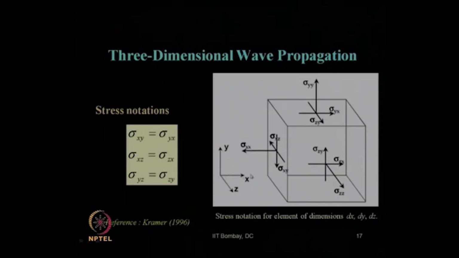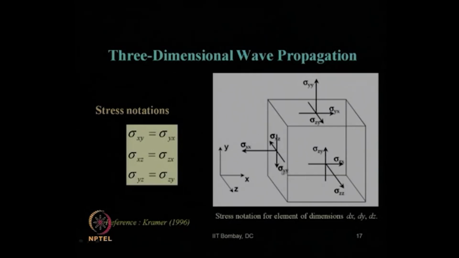So, this is the x coordinate system, y coordinate system and z coordinate system. We have the normal stresses in the x direction sigma x x, in the y direction sigma y y, in the z direction sigma z z, and the shear stresses like sigma x y.